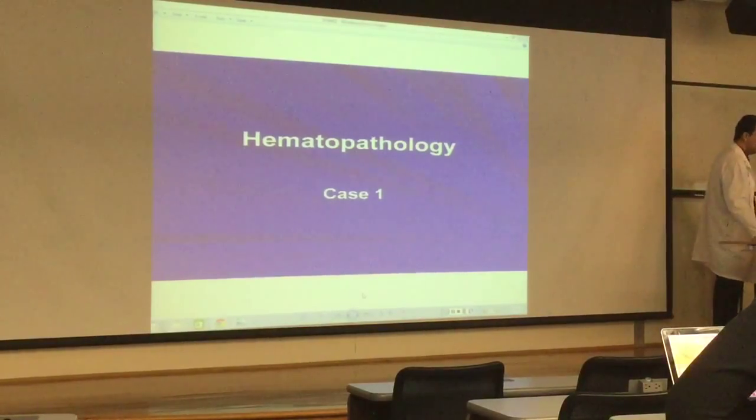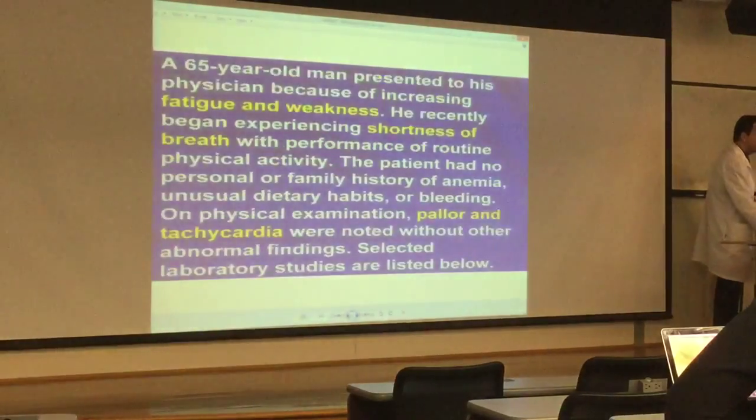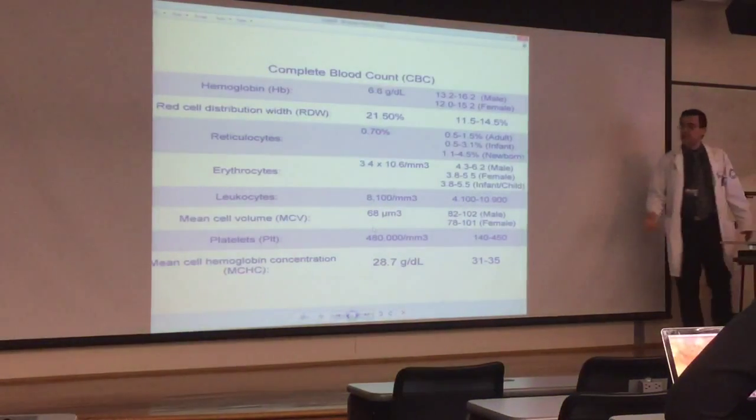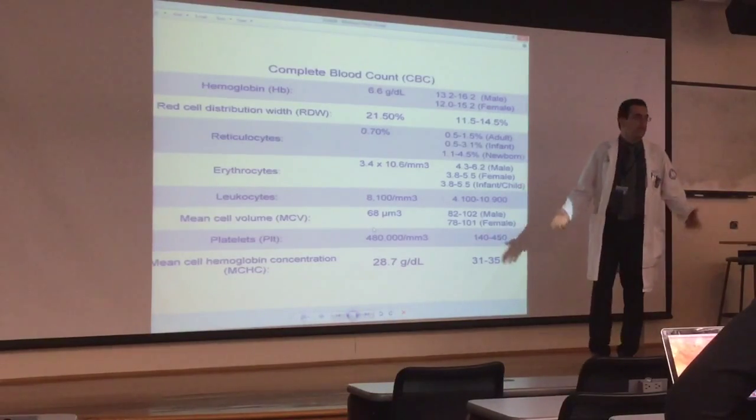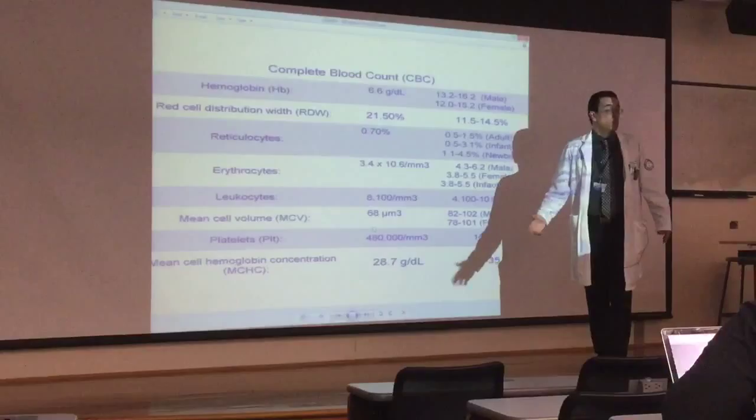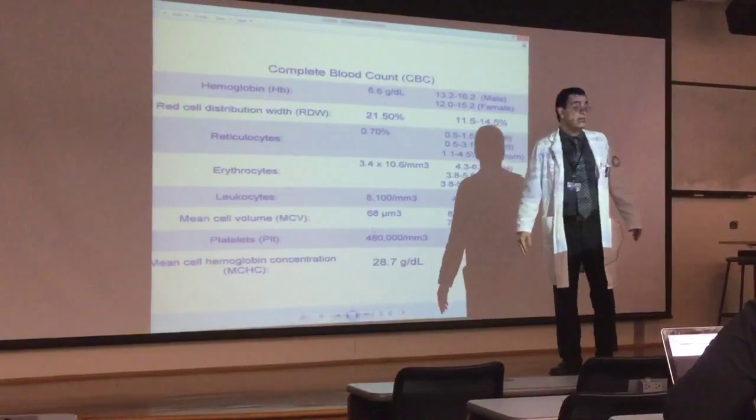Okay? So we already know the differential diagnosis. The way we make a diagnosis, we can do these indices, and we can do iron studies. You all know that serum iron is going to be low. Total iron binding capacity is going to be high.